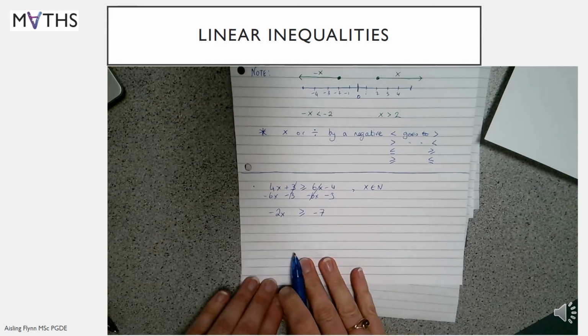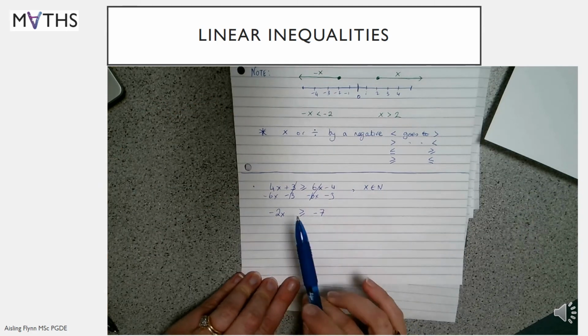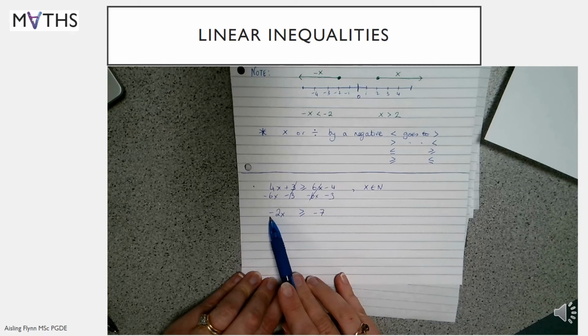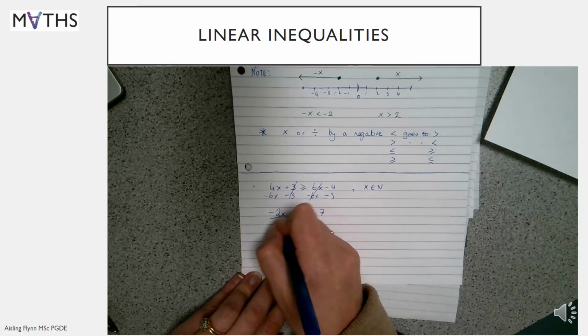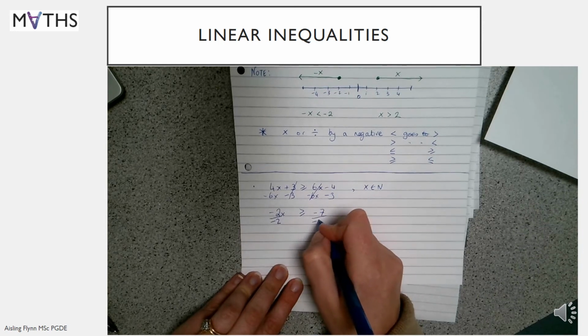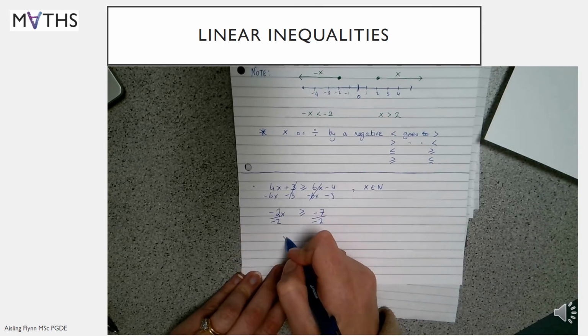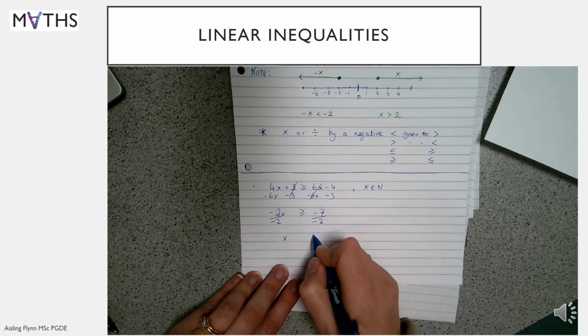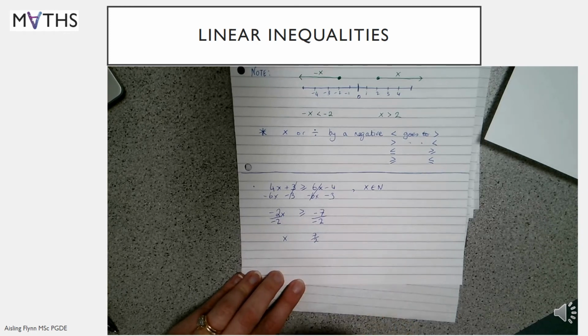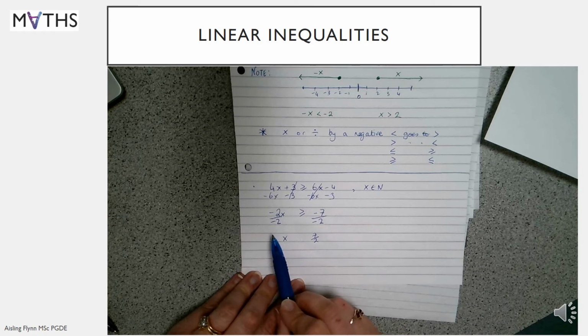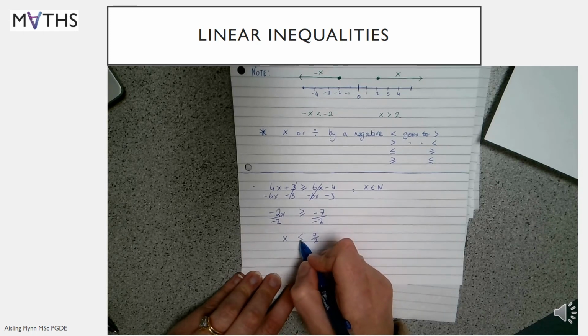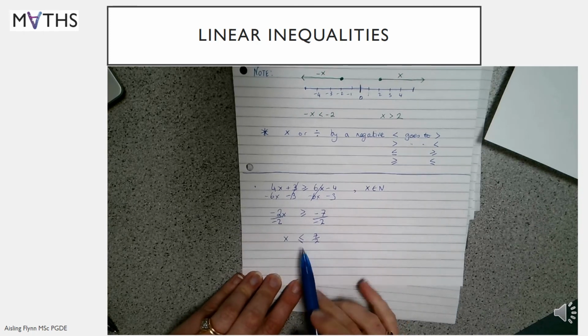Now, here we go. I'm going to divide by a negative number. I'm going to divide by minus 2 on the left and minus 2 on the right. And so I get positive x, and I get positive 7 over 2, and I've divided by a negative, so my inequality sign switches around.